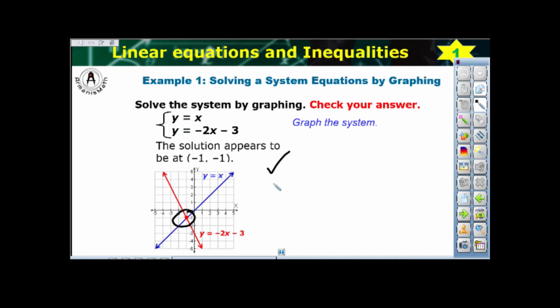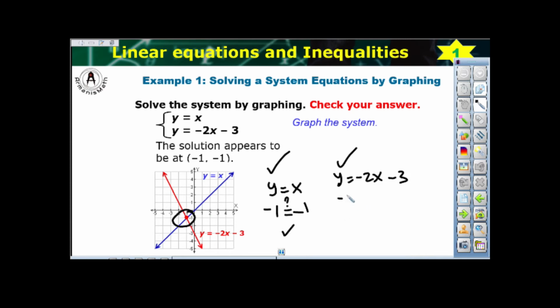So you're going to go back here. This is the check. And you're going to put it in the first equation, y equals x. You're going to say, does -1 equal -1? Yeah. And then you're going to check the second equation. Y equals -2x minus 3. You're also going to plug in -1, -1.